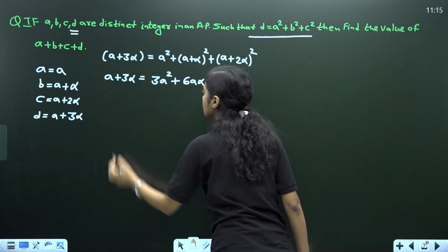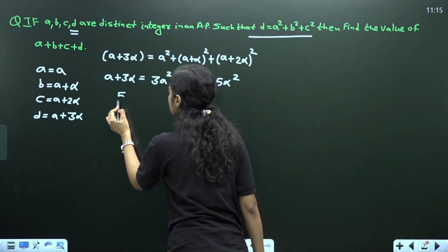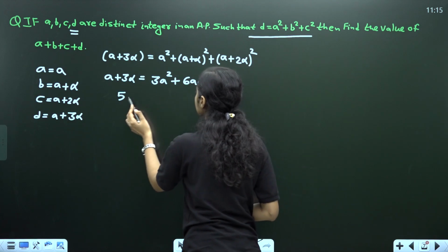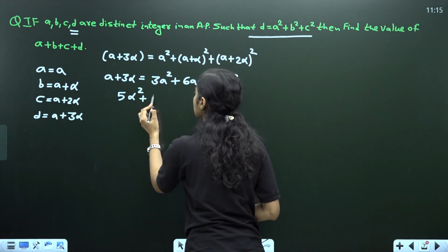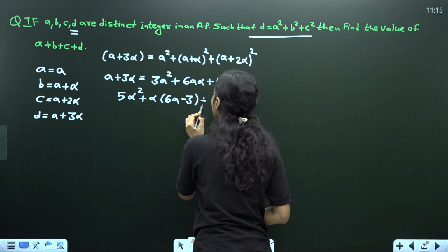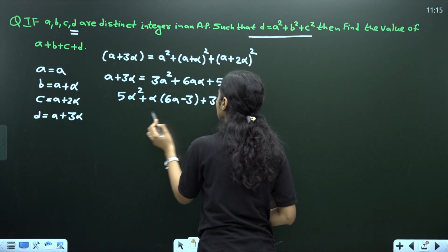Now we form a quadratic in terms of alpha. Since a and alpha are real, 5 alpha square plus (6a minus 3) alpha, the constant term is 3a square minus a, equals 0.